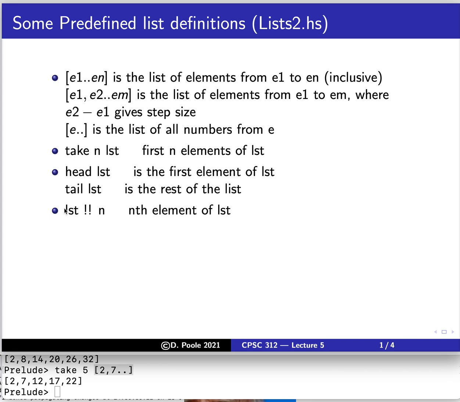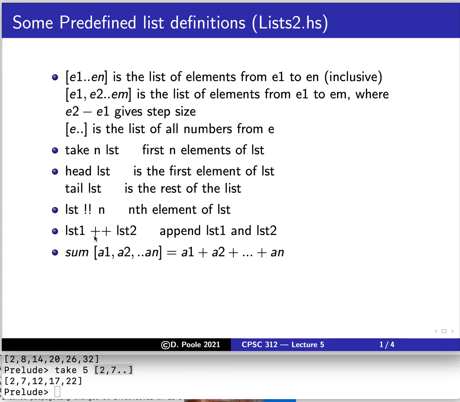Hardly anyone uses head and tail, and even the exclamation mark, getting the nth element of the list, is a very unusual thing to do. It's not something common. We much prefer pattern matching. It's very unusual to want to take the nth element of a list, because we have other ways of going through a list than just counting through them.